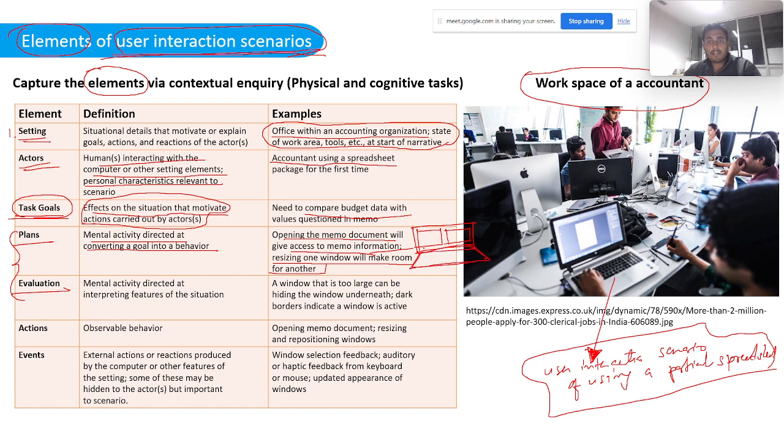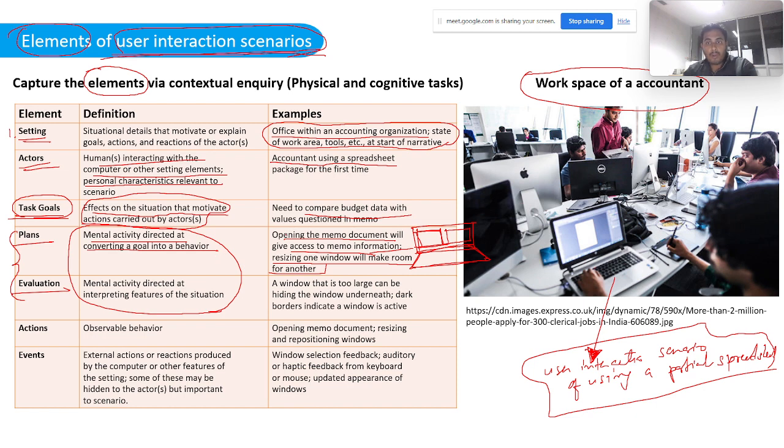That particular activity is only what you can visualize, but it's difficult for you to understand what is actually going on inside that person's mind. But as a usability expert or as a designer, your goal is also to understand how he makes those decisions.